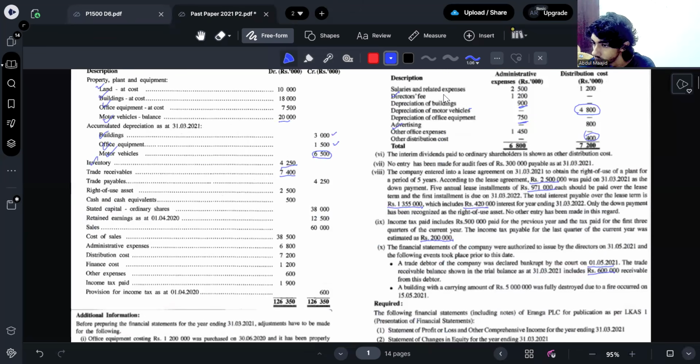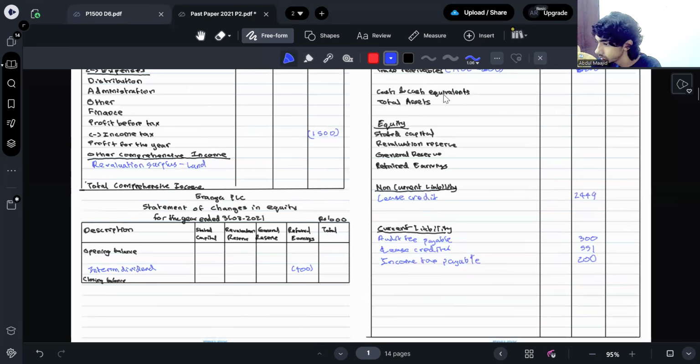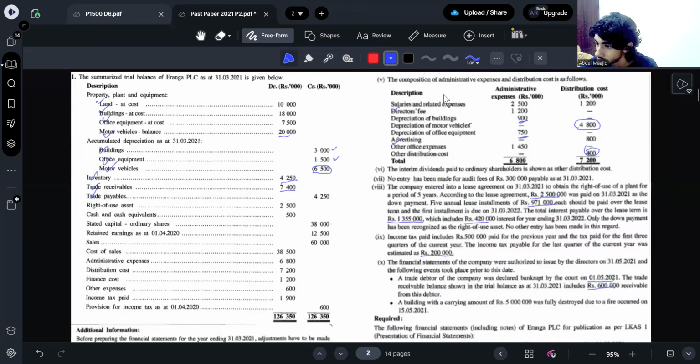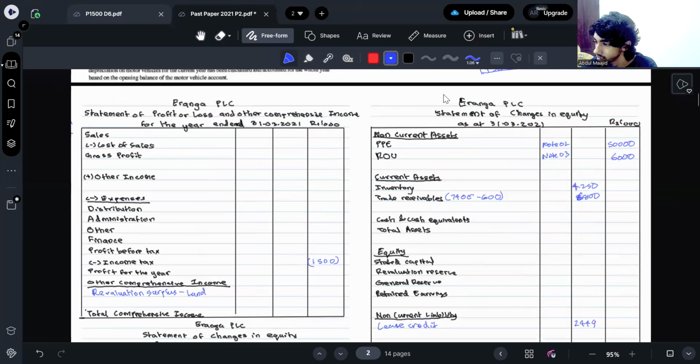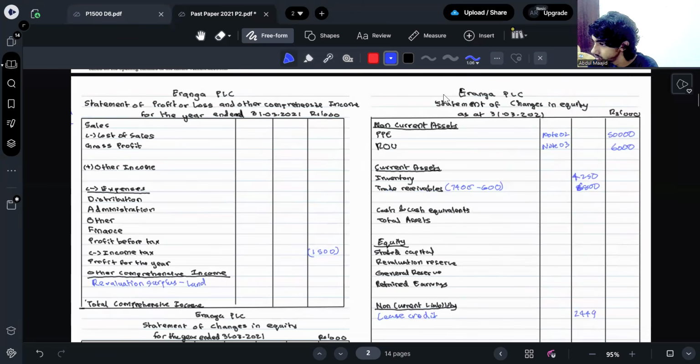Trade receivable done. Trade payable also 4,250,000, we have to record it under current liability. Trade payable 4,250,000. And then right of use asset we adjusted. Cash and cash equivalent 500. Cash and cash equivalent 500.